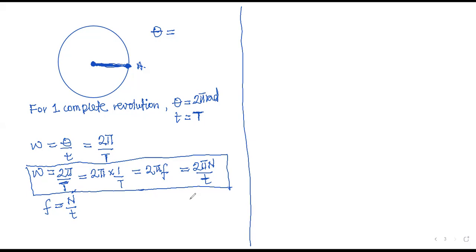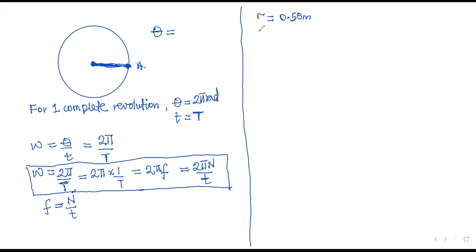Okay, so the question is that a toy train moves around a circular track of radius 0.50 meter. How many radians has the train turned through in moving 1.4 meters along the track? The track is a circular track.